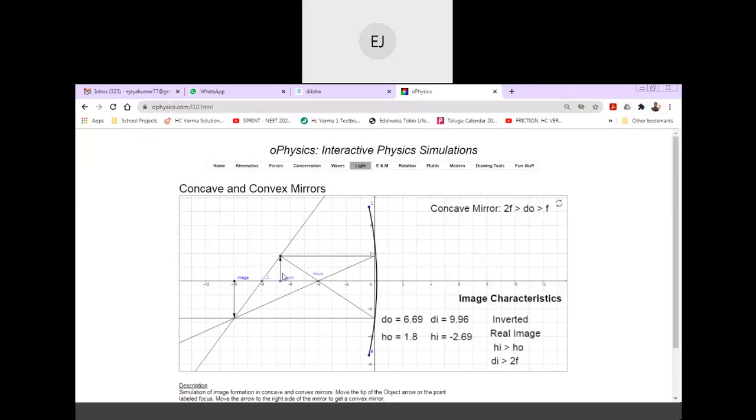Okay. So there is something called center of curvature, CC.